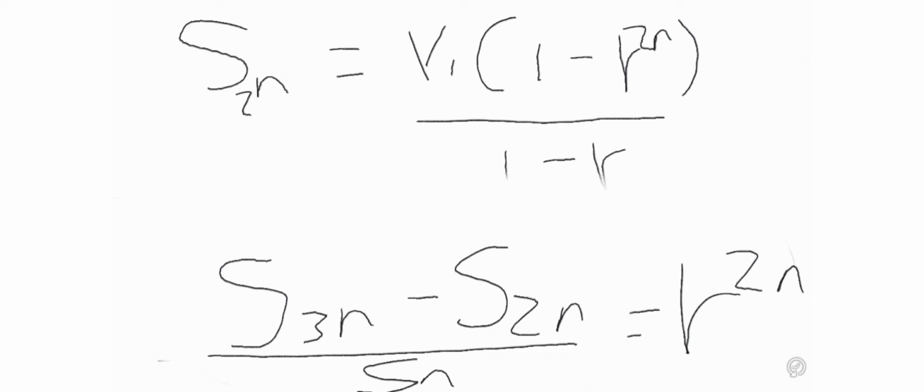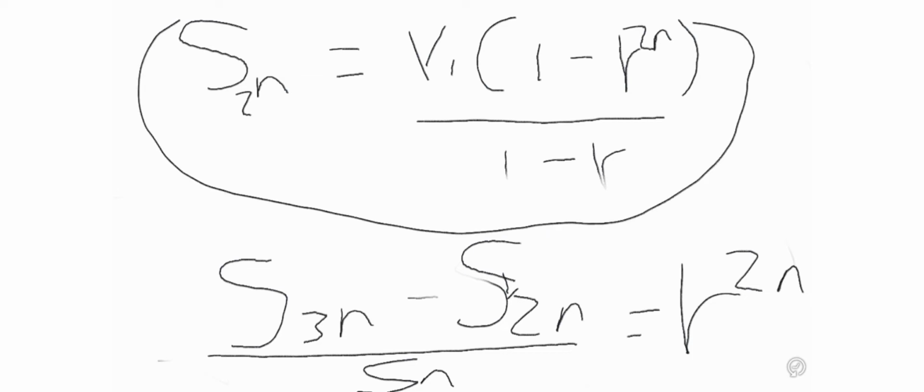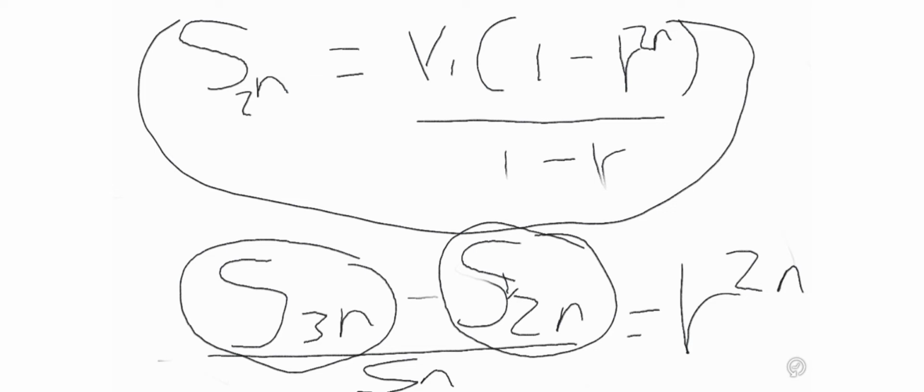So we have to prove that this is equal to R^2n. I will substitute S2n and S3n, which I showed you earlier, and Sn, which was given in the question, at this point here. So let me show you what I mean.